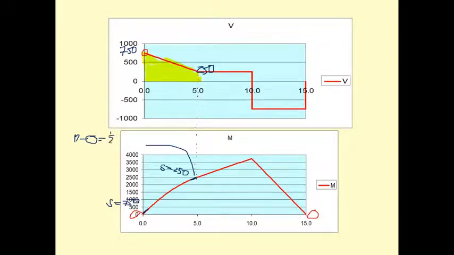It is equal to 1/2 of 750 plus 250, times this distance of 5 meters. So 750 plus 250 is 1,000, times 5 is 5,000, and divided by 2.